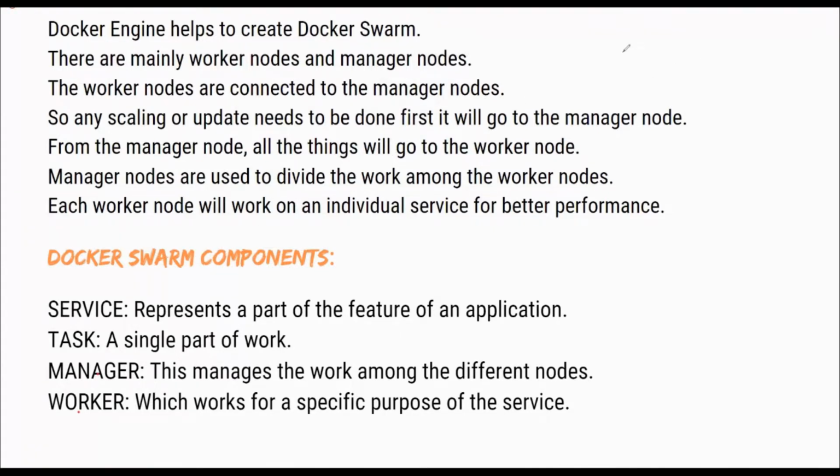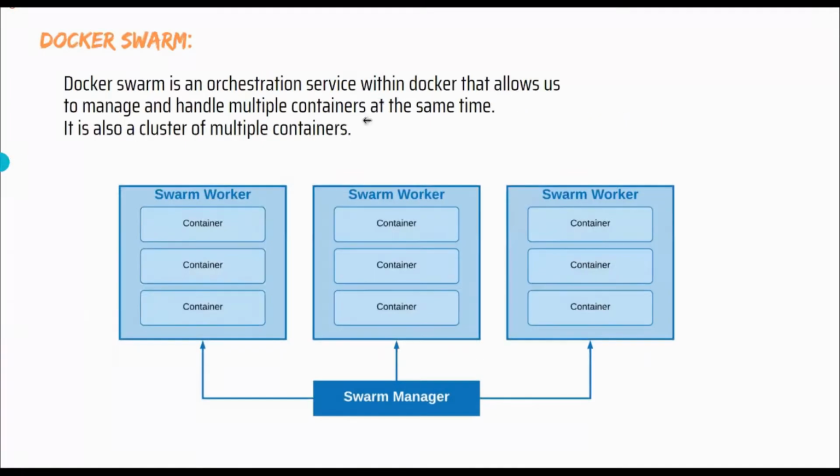Docker Swarm components: one more time I'm explaining for all of you. Docker Swarm is an orchestration service. It consists of multiple nodes in order to get better performance of the application. Here the Swarm Manager is going to create Swarm worker nodes. A worker node consists of containers, and a container consists of the application.